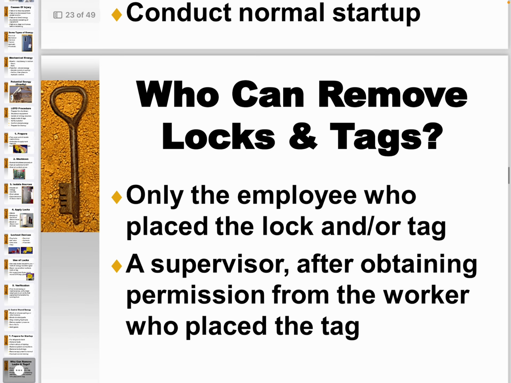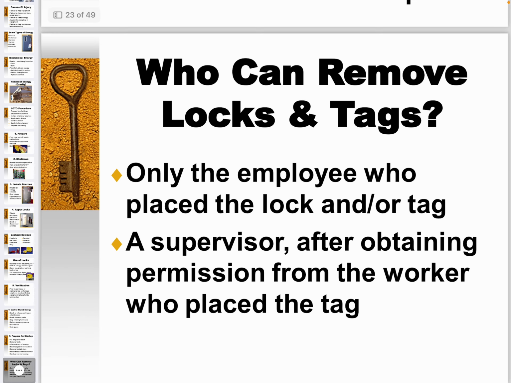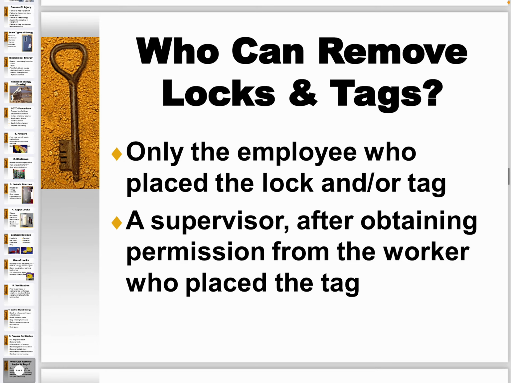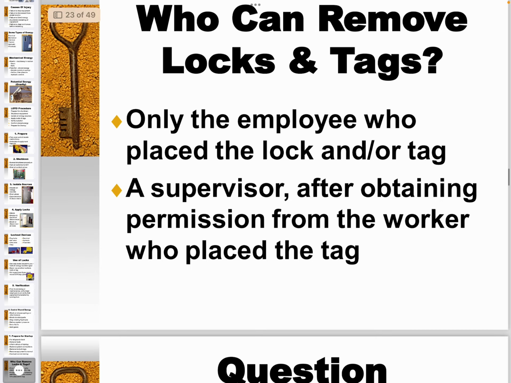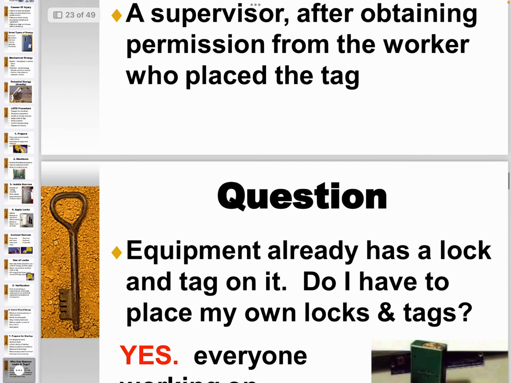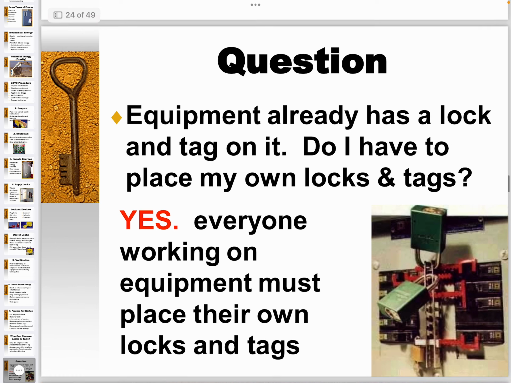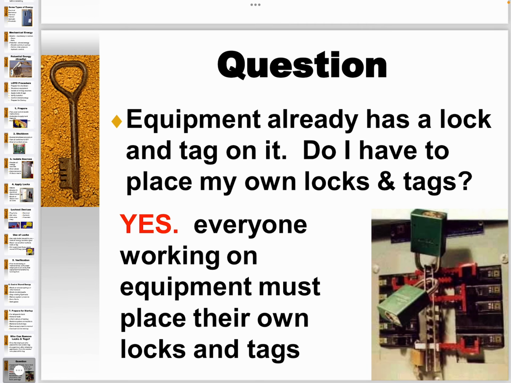Who can remove the locks and tags? Only the employee who placed the lock and tag out, or a supervisor after training with permission. Other workers will replace the tag. What if the equipment already has a lock and tag on it?